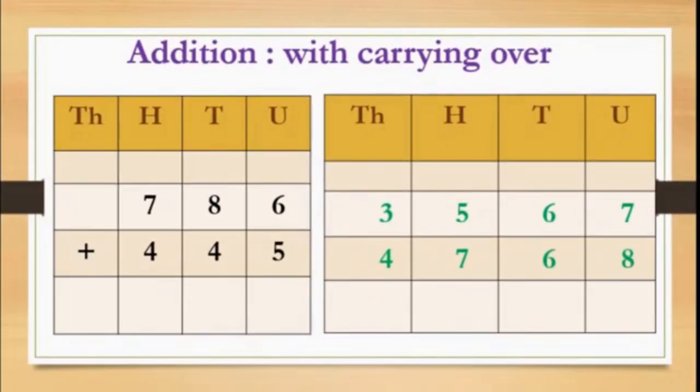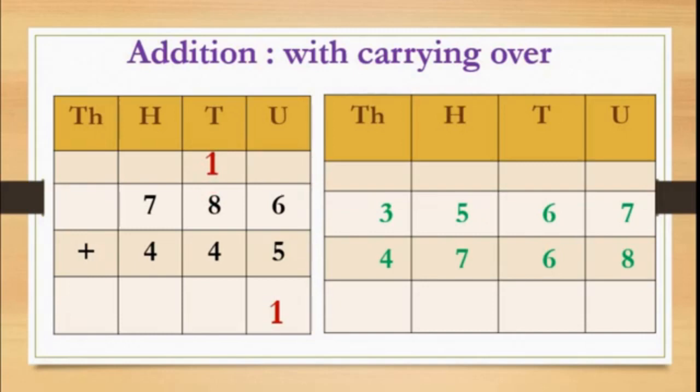Addition with carrying over. Here two sums are there. We will take a revision by doing these two sums. Concentrate on the first one. Here we start from the unit place. 6 plus 5 is 11. 1 we will write in the unit place and 1 will carry over to the tens place.